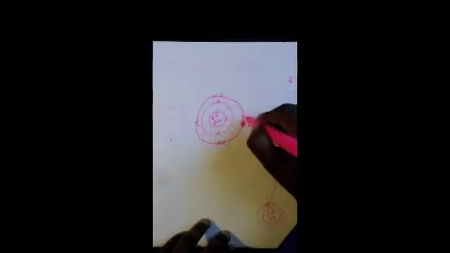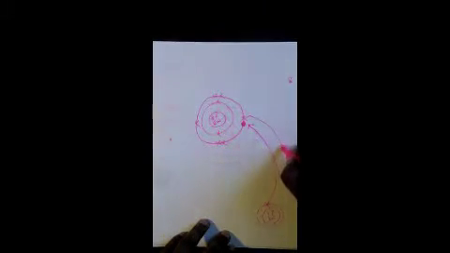And the oxygen atom too is going to donate, or rather share, 1 electron with the hydrogen atom. What that means is the oxygen atom has gained 1 electron from the hydrogen atom, and the hydrogen atom has gained 1 electron from the oxygen atom.